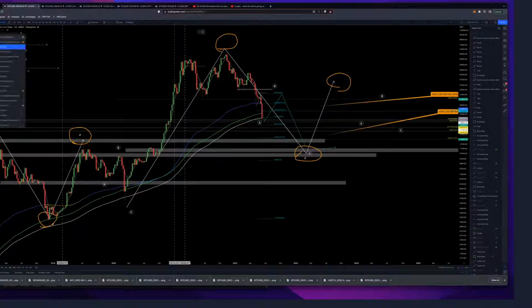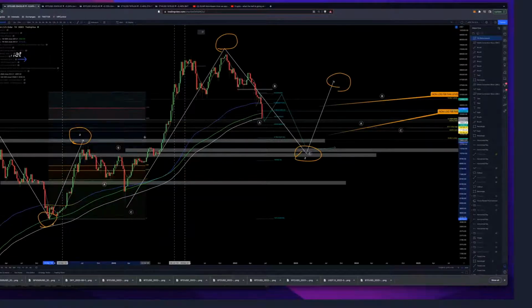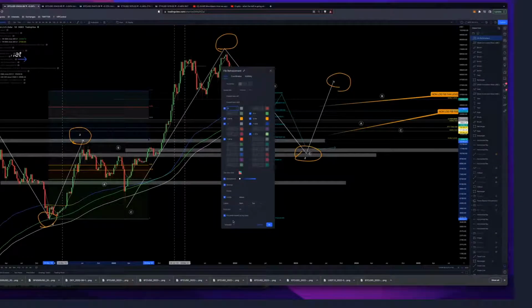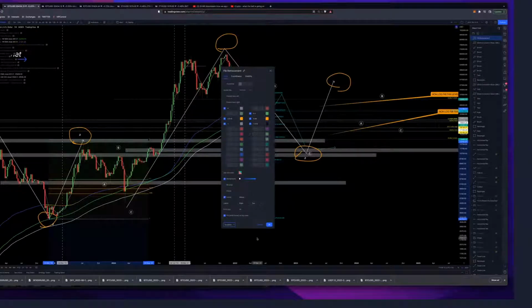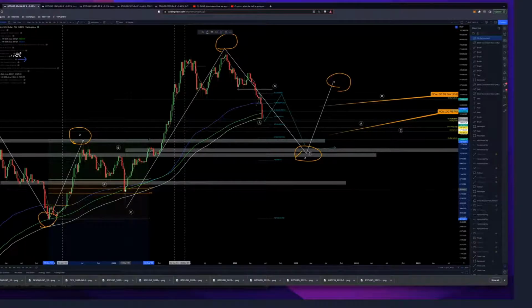If we were to play it safe, it would have probably been, let's just pick out, this would have been our bottom really, I think, with the 618, but the COVID just wicked it further down.